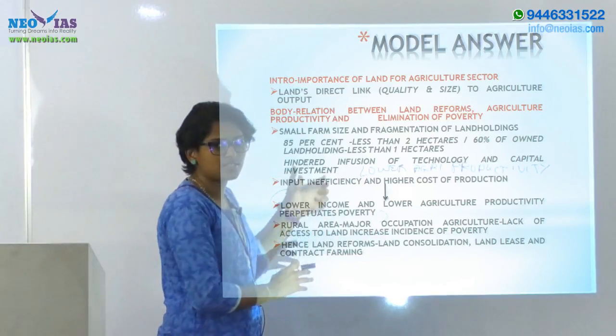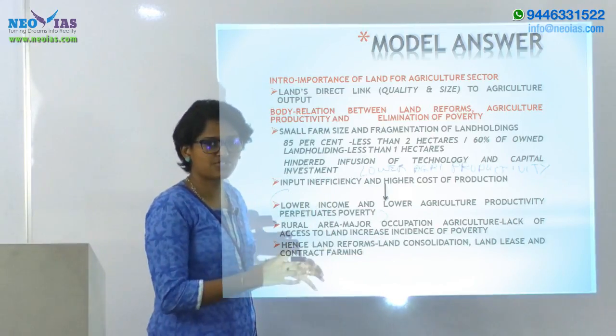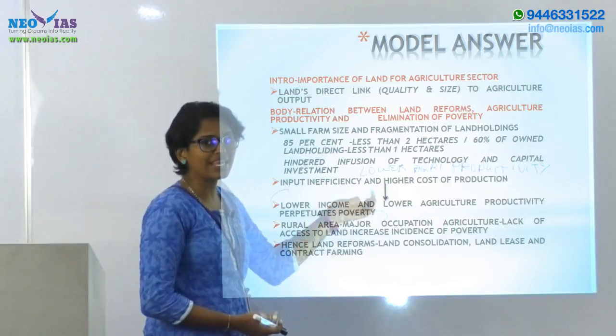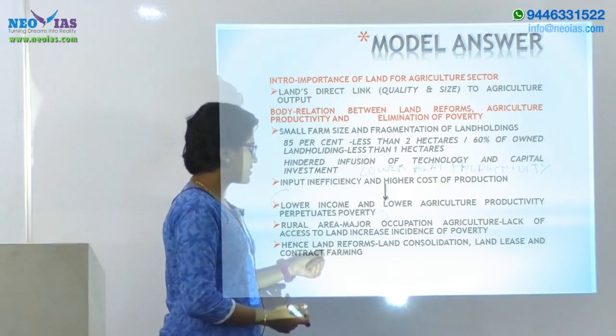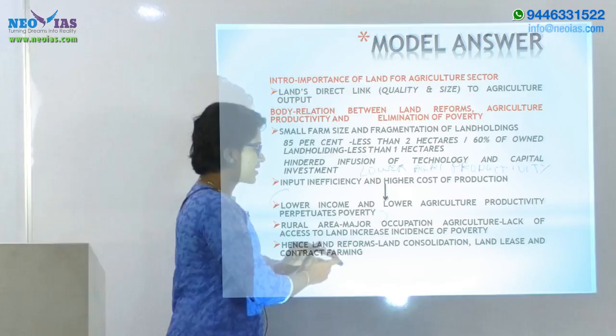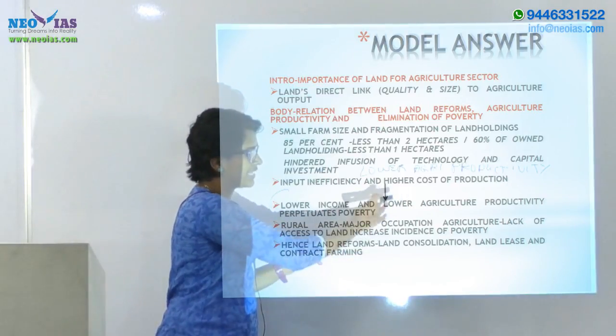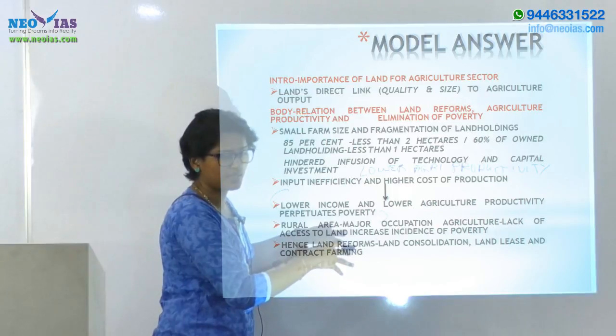Hence, from all the above points, it is understood that land reforms must take place in order to increase agricultural productivity and to eliminate poverty. We can say that first land reforms must take place, then we can think about eliminating poverty.